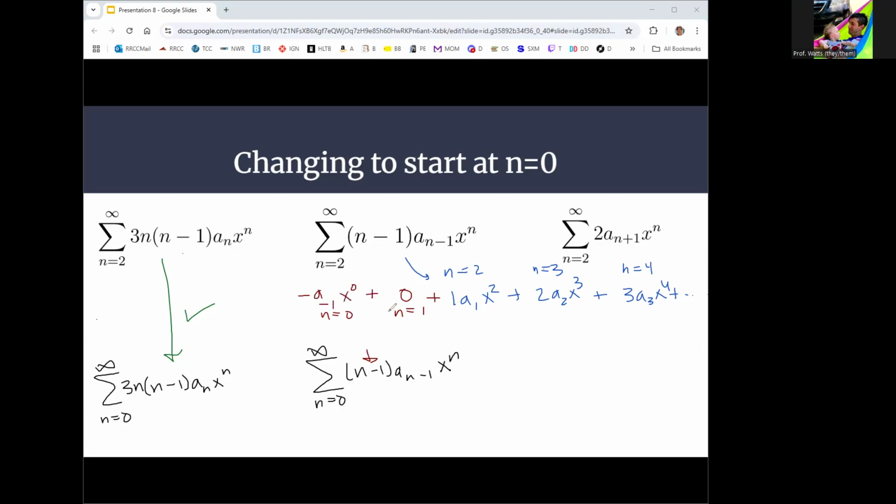And remember, our a's start with a subscript of 0 and increase, so they only have subscripts of whole numbers. So a sub negative 1 is not defined. So we actually can't do this because that doesn't make sense. We can still make this start at 1, though. Because of that n minus 1, we can drop it from starting at 2 to starting at 1. So sometimes you can just make it start at 1 instead of 0.